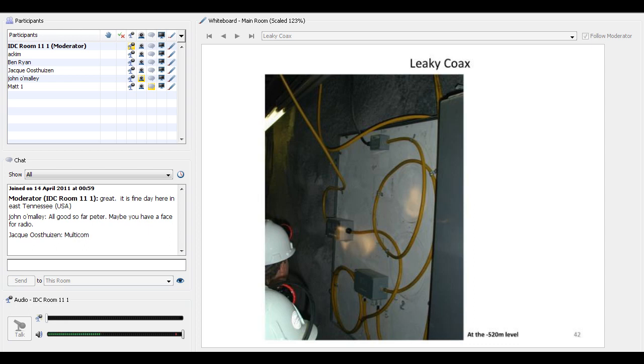Multicom, I love it. So you talk to this particular distributed antenna, your signal gets into the antenna, and then it goes all over wherever these wires are through the mine. But the whole way, it's also leaking out. So your neighbor, your friend that's 200 meters away or 2 kilometers away, whatever, uses the same distribution system, and away you go. What are these boxes?